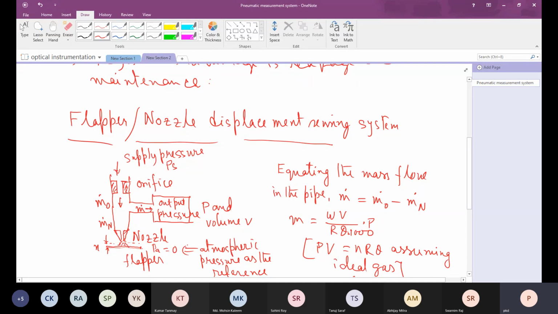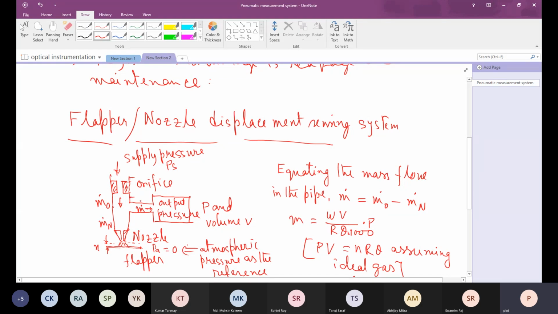mass flow controller. So if it is orifice, then mass flow rate in orifice is given corresponding to the differential pressure at the supply pressure side and this output pressure side.